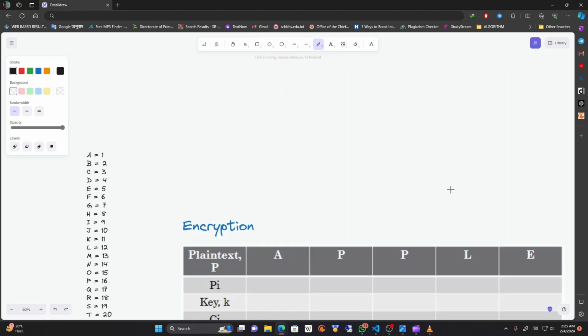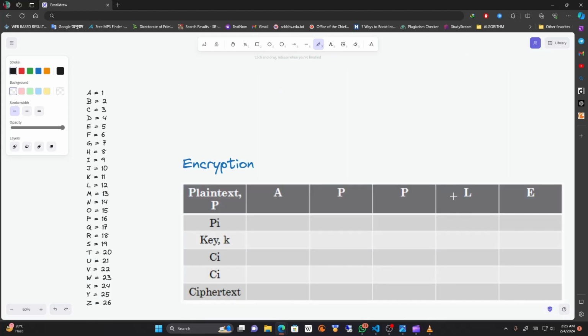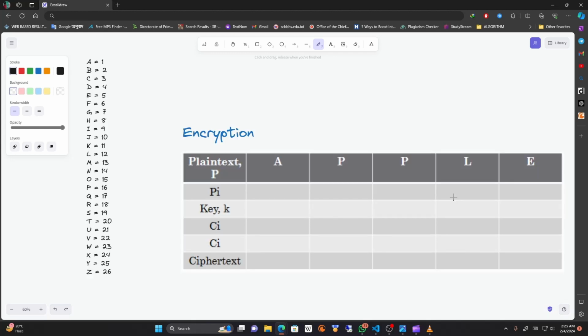So let's go for our encryption process, where we take Apple as our encryption message, and let's just say we have 5 as our key value. Then here we write down our index value from A to Z sequentially from 1.